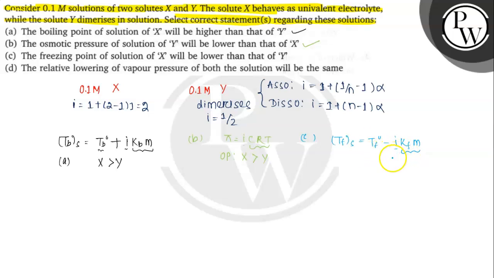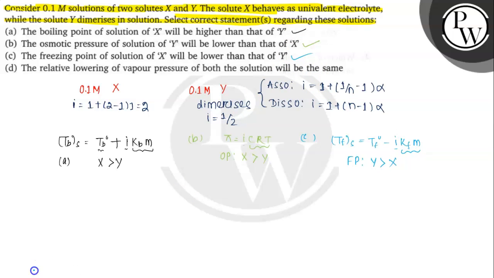So in freezing point, the freezing point of solution and the Van't Hoff factor are inversely proportional. The freezing point of solution in Y's case is more than X. That means the freezing point of solution of X will be lower than that of Y. So this statement is also correct.